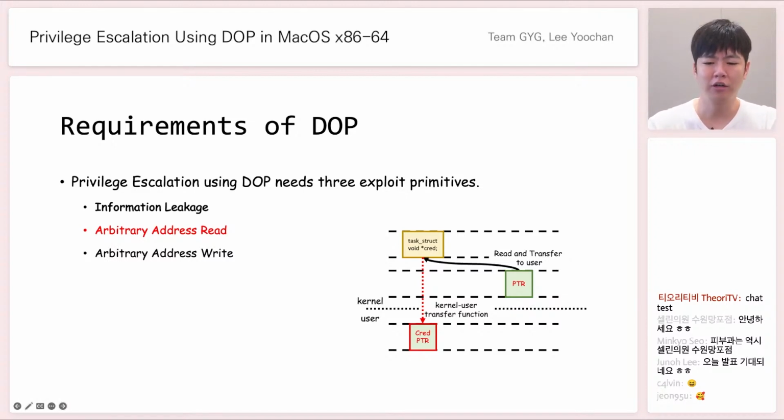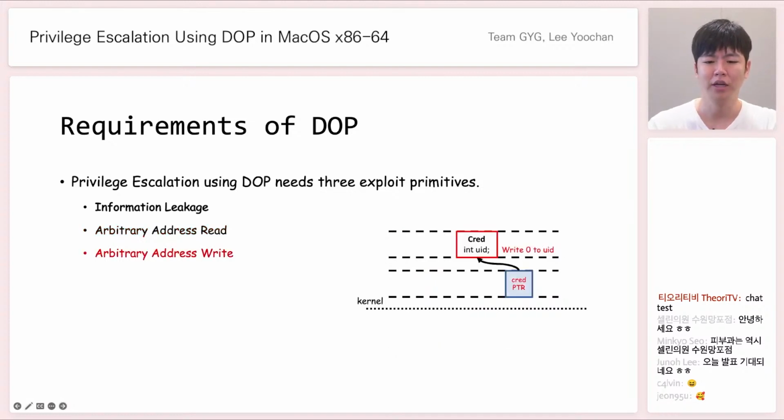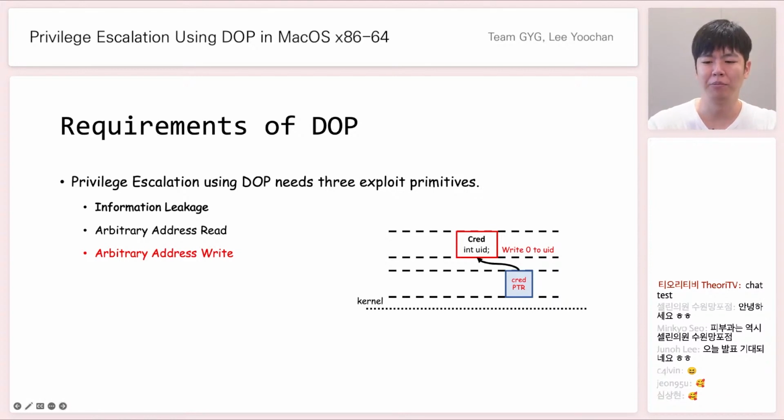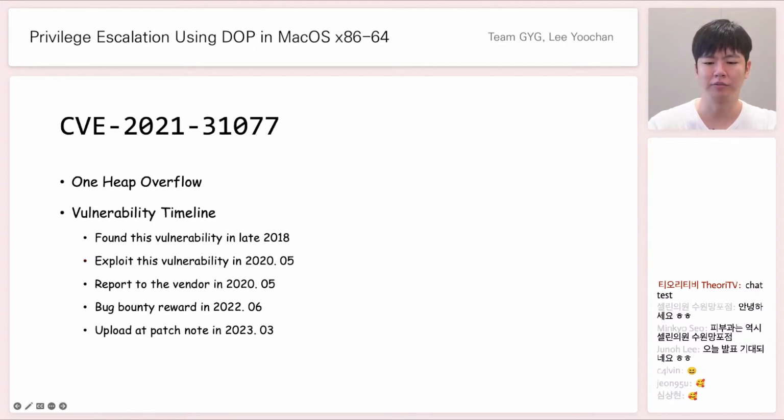Therefore, the attacker recursively triggers the arbitrary address read primitive to find the address of the CRED object. Lastly, the attacker triggers an arbitrary address write to write 0 to the CRED UID. With these 3 primitives, the attacker can exploit privilege escalation.